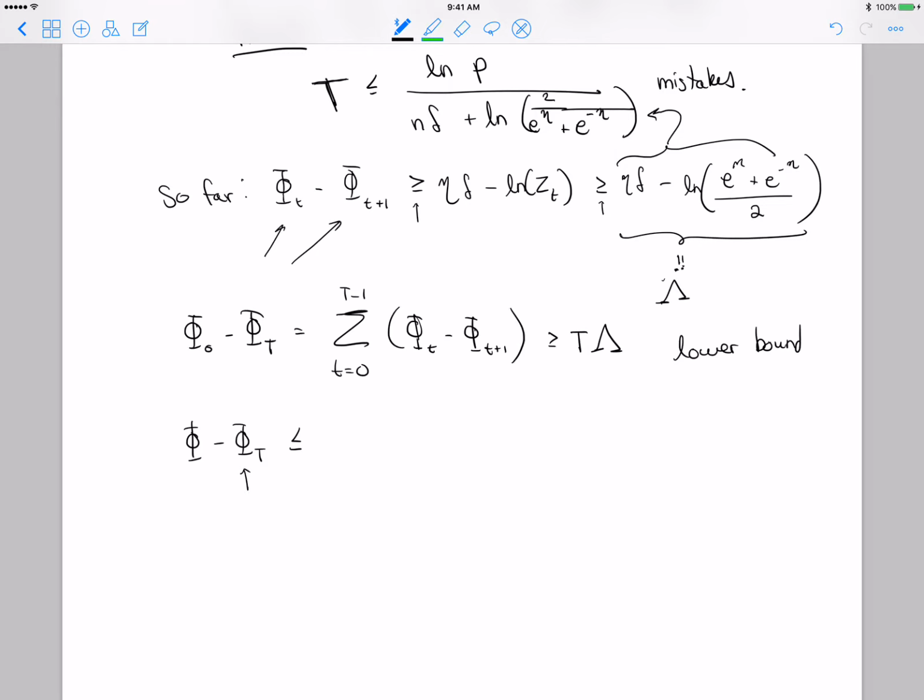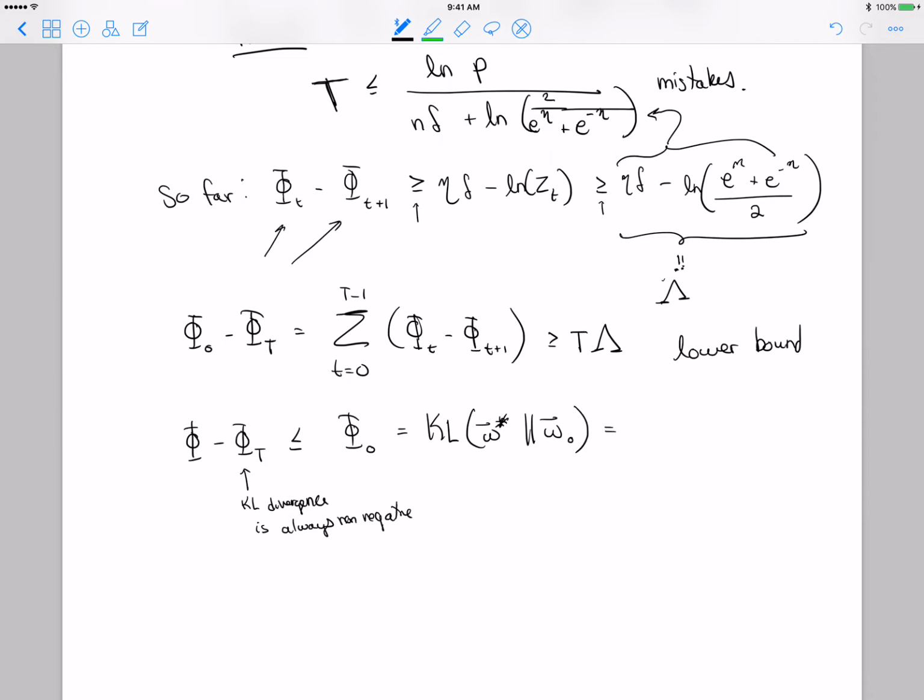This guy, KL divergence, is always non-negative. So this guy is less than or equal to that. And then by its definition, it's the same thing as that.